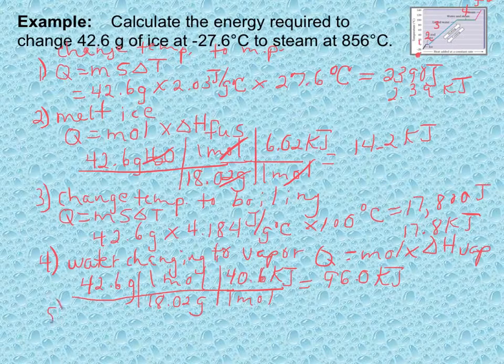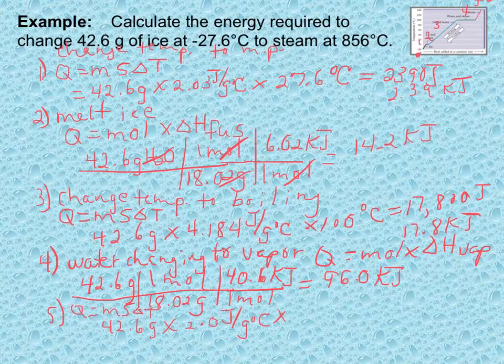And finally, step 5 is another slope right in here. So we're going to be using the equation Q equals m s delta T. The mass again is 42.6 grams. Now the specific heat for steam is different than that of ice and water. It happens to be 2.0 joules per gram degrees Celsius times the change in temperature.